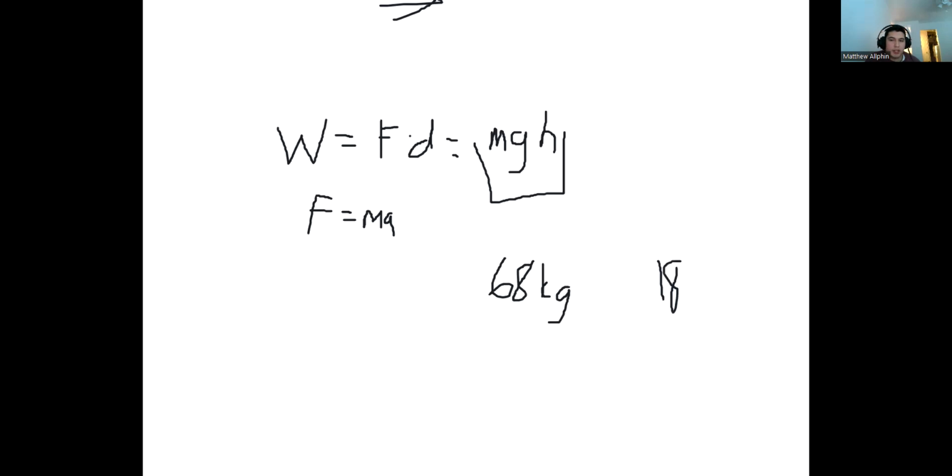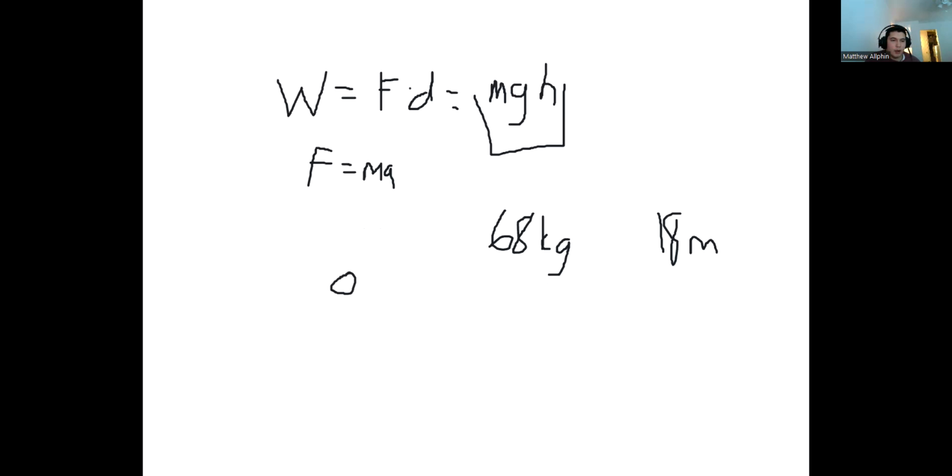I assume it's supposed to say 18 meters tall. So if I look at this person here, they're moving against the force of gravity, so they're doing work against the force of gravity. And that work is equal to the force times the displacement.